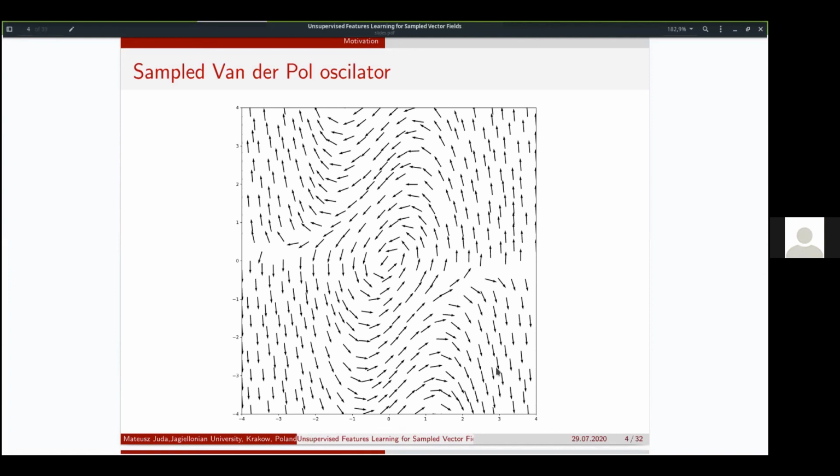What we can observe from this very simple example is that there is some kind of oscillation. Just to make sure, do you see my pointer? Yes, we can see it. Okay, so we can observe that there is some kind of oscillation on the area on which I'm moving the pointer, and the oscillation is repelling.